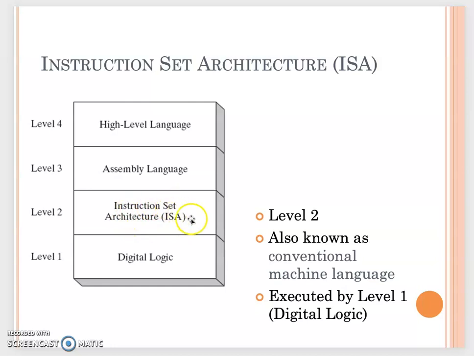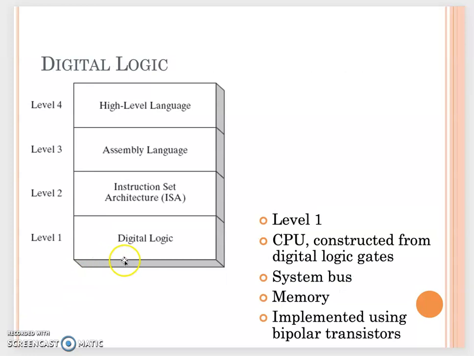They still cannot really run on the computer yet, but they are pure machine language. So in order to really make the computer hardware understand, they need to go into level 1. Then we translate the machine language into what we call digital logic, which is pure 1 and 0.